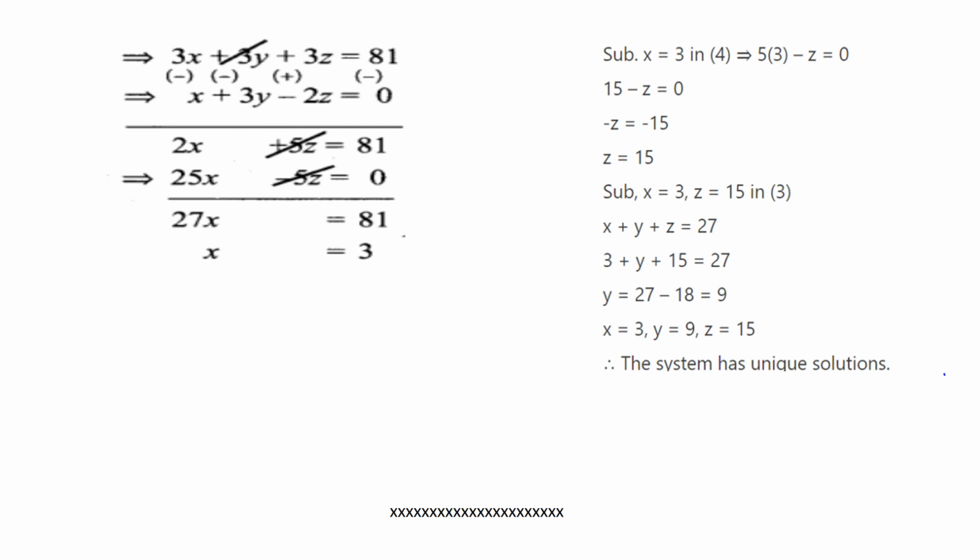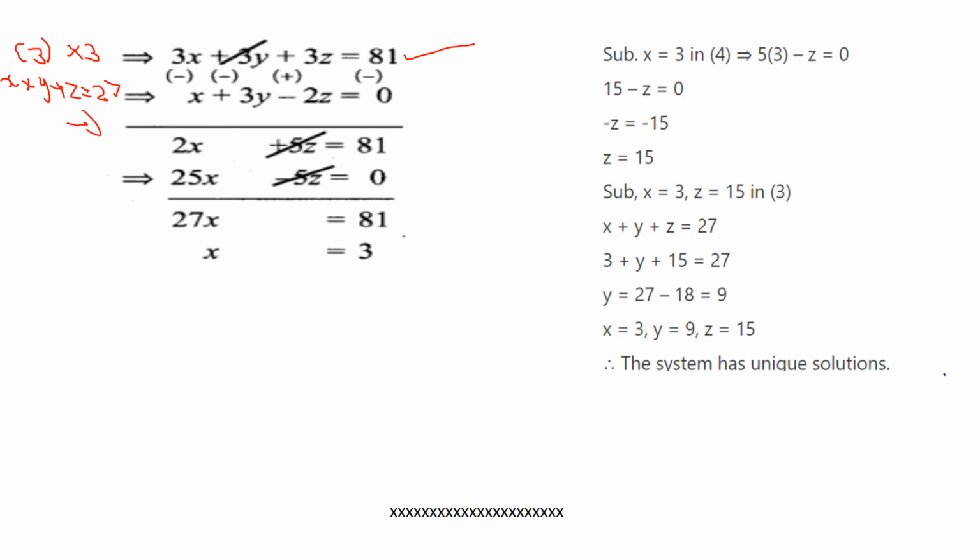Next, third equation, multiply by 3. Our third equation is x plus y plus z equal to 27. So multiply by 3: 3 into x, 3x, plus 3 into y, 3y, plus 3z equal to 27 into 3, 81. And write the second equation, x plus 3y minus 2z equal to 0, and subtract it.